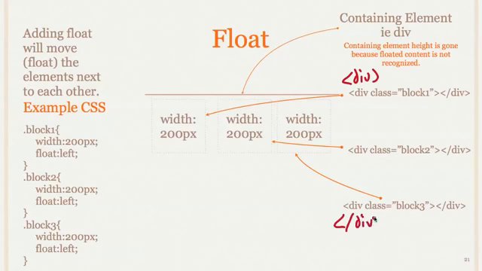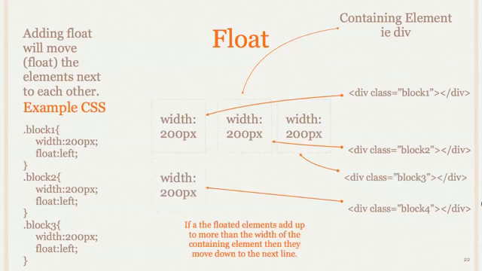It contains those other divs inside. This div here wouldn't have any kind of height to it, because once these are floated, they move out of the normal way of rendering things, and so this div doesn't recognize them. So it would keep its width, but it wouldn't think it had any height to it. And we're going to look later on about how to deal with that.